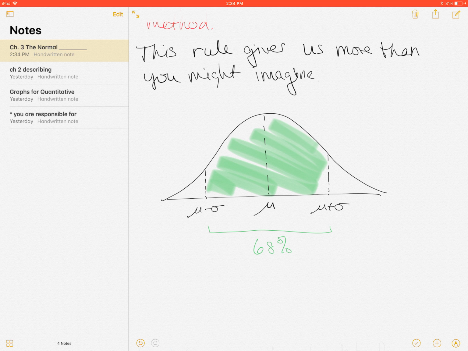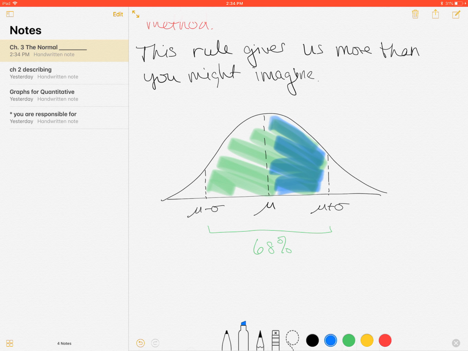Okay, but what do we know about that? Well, since this picture is symmetric, this middle chunk is also symmetric, so this half of our picture is going to be half of the 68%, or 34%.